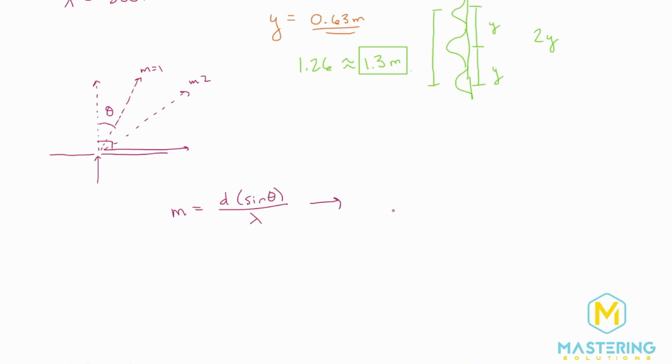If we plug that in, m max is 1 times 10 to the negative 3 meters over 600, which is our d for this diffraction grating, multiplied by sine of 90. Sine of 90 is 1, so we don't really need to put it in there. Then we divide by lambda, which is 500 times 10 to the negative 9 meters.